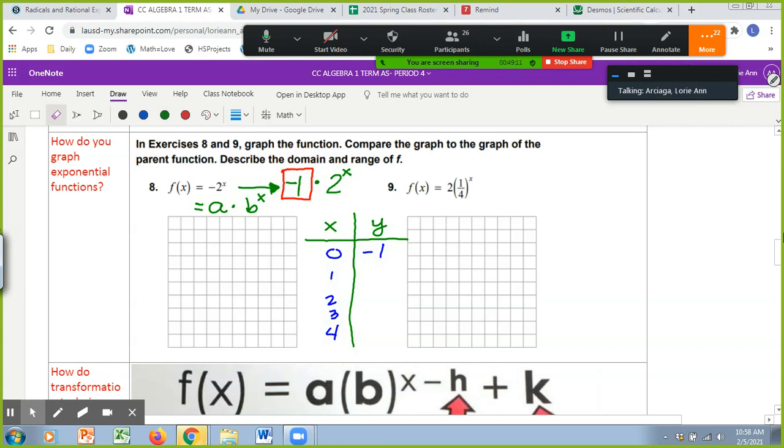Cool. Okay, so now your base is 2, and we've seen how 2 affects the numbers. We double, okay? All right, game. So double, -1, meaning you multiply -1 by 2.